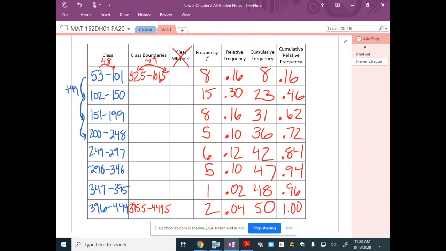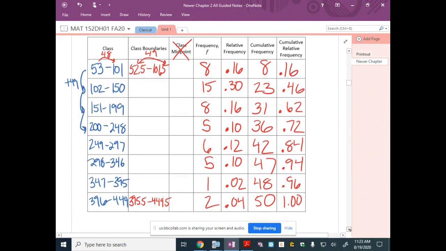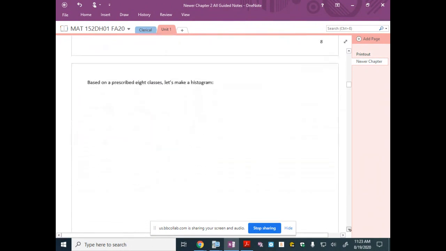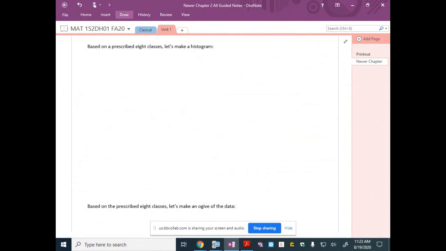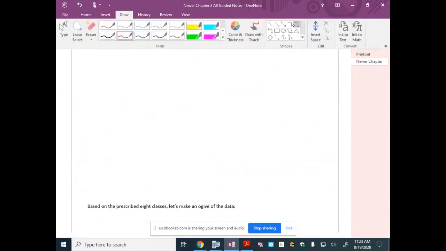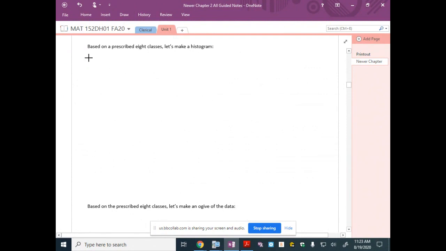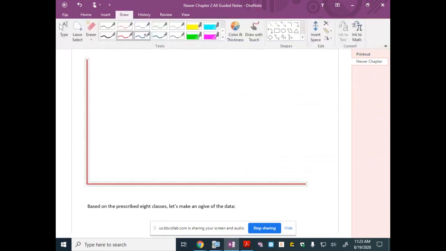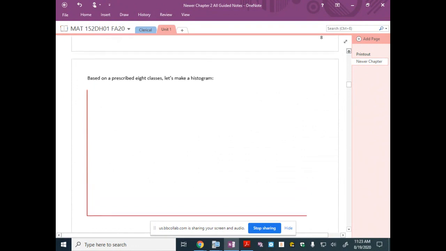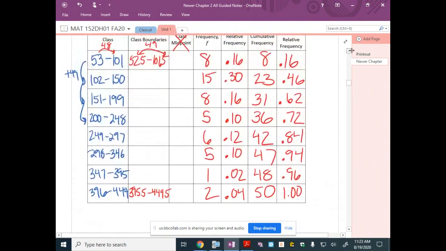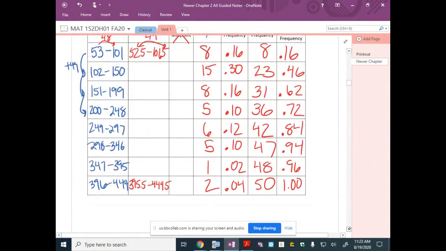Now this time we're going to start it at 52.5. And the highest frequency was 15.